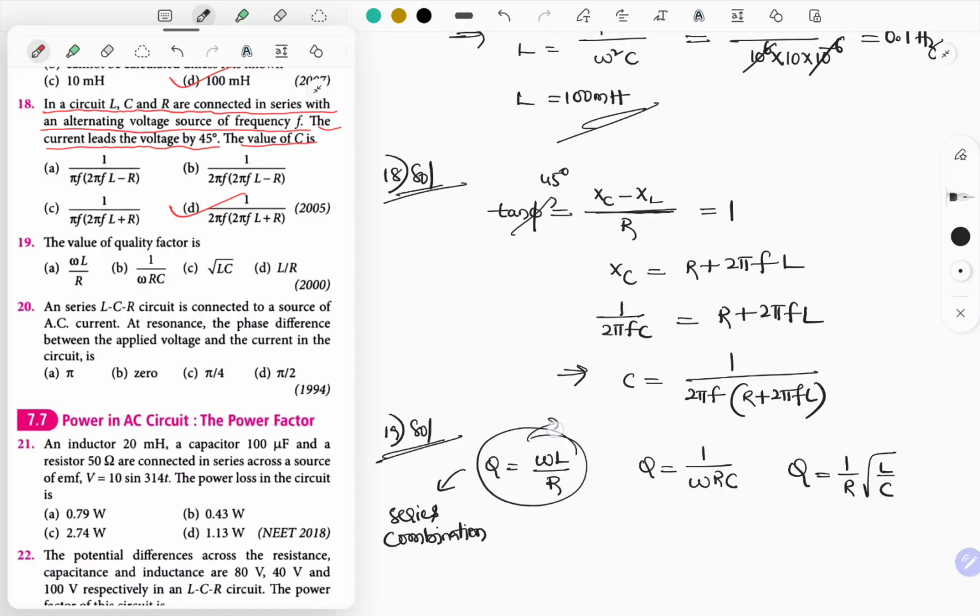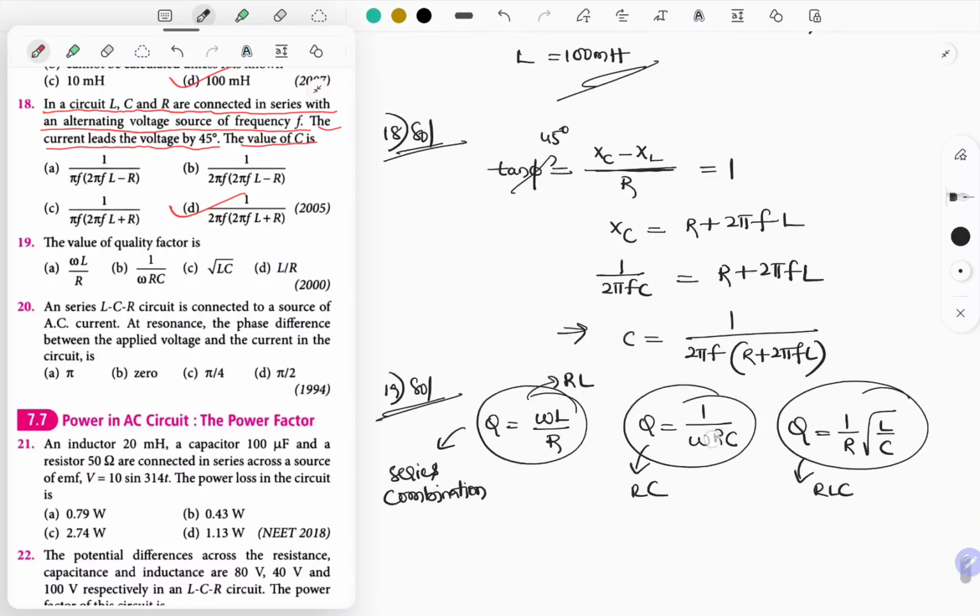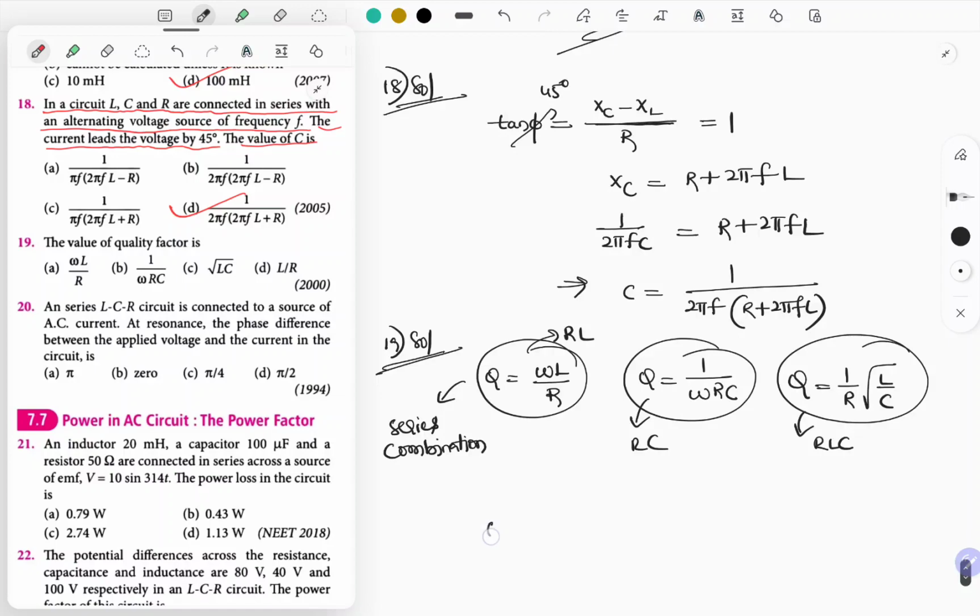This is for RL circuit, RC circuit, and this is for RLC circuit. So if I have a parallel combination, then Q is equal to R by omega L. It will just reverse this.